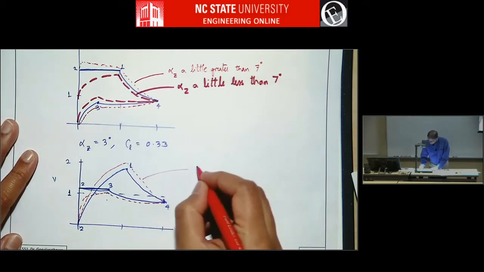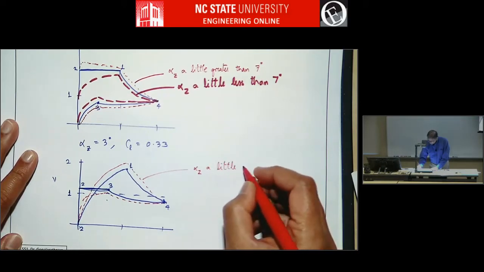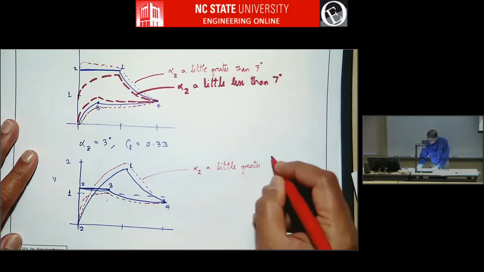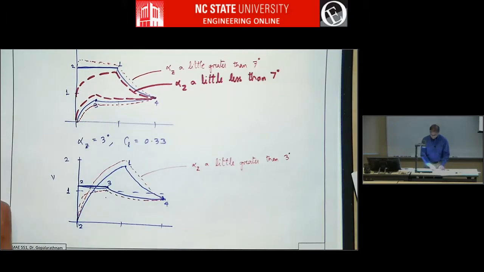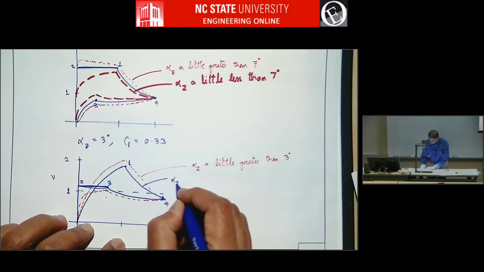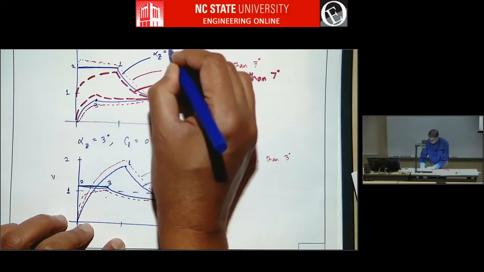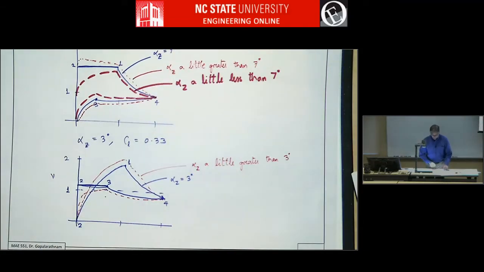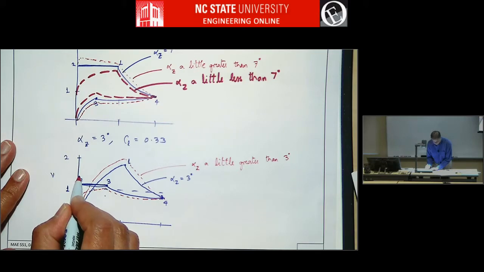So this is alpha z a little greater than 3 degrees. And at a little lower angle of attack, now it will become adverse. This segment will become adverse. So you'll have it like this.